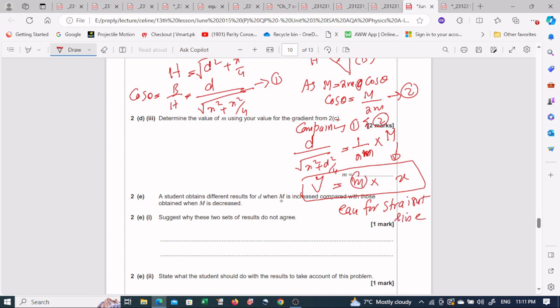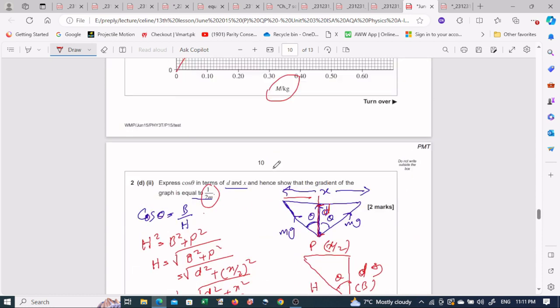So this m is the slope or gradient. So if you compare, gradient is equal to 1 over 2m, because this is y, this is x. So we have gradient is 1 over 2m, slope is 1 over 2m. Here we have what we had to prove.